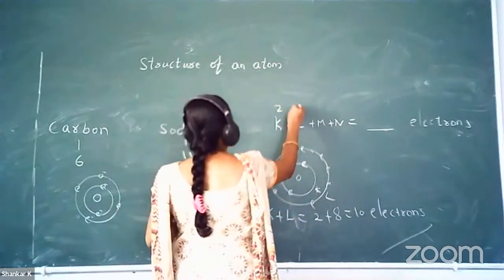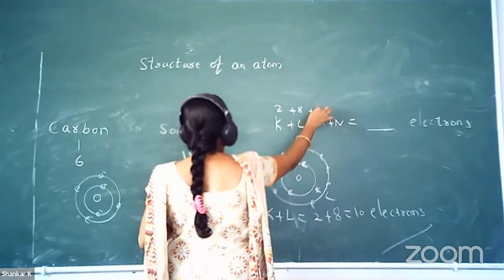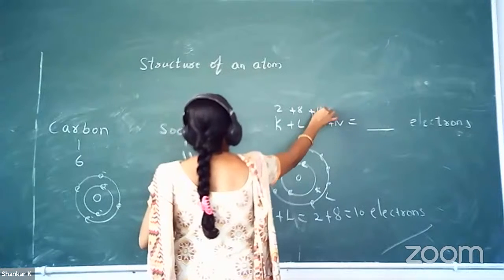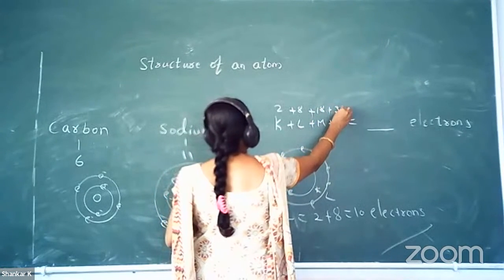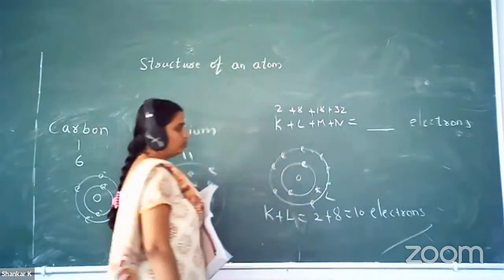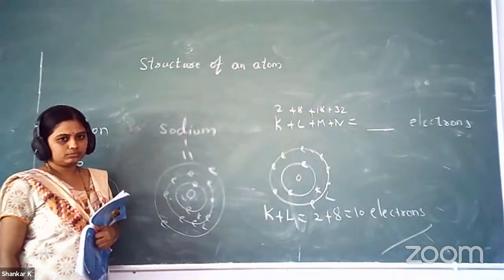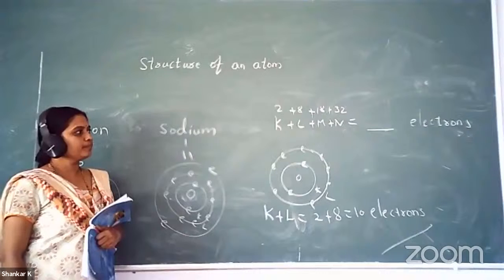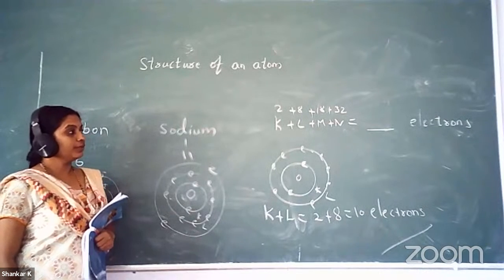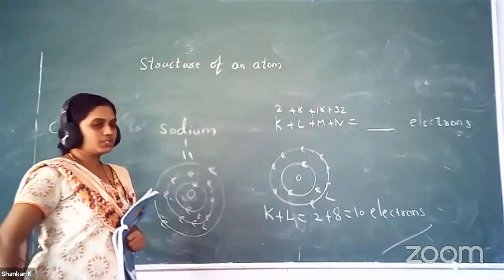Then L means? 8. Then 18. Then 32. Add now. 32 plus 18, how much?